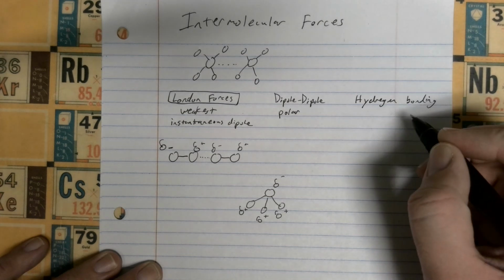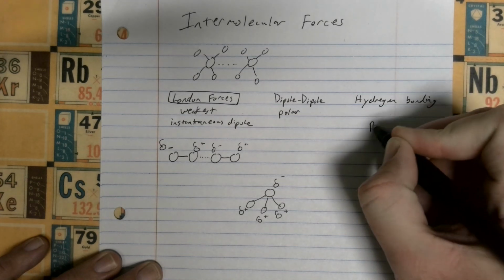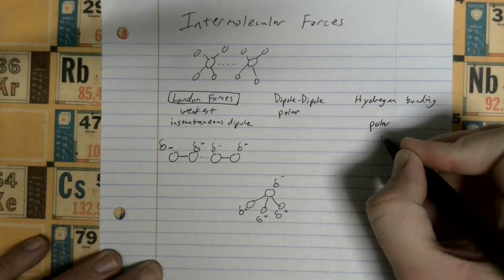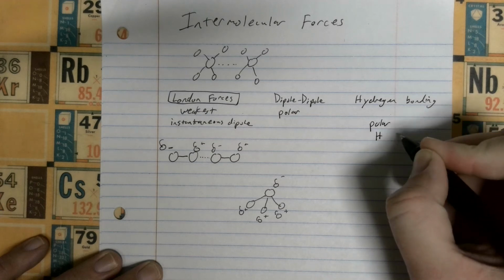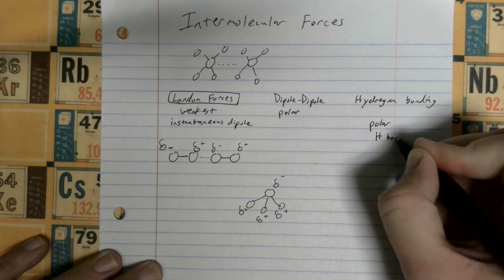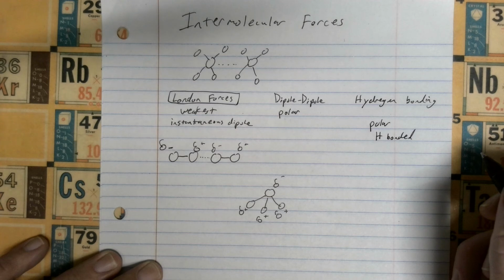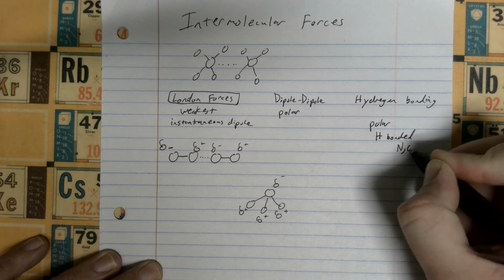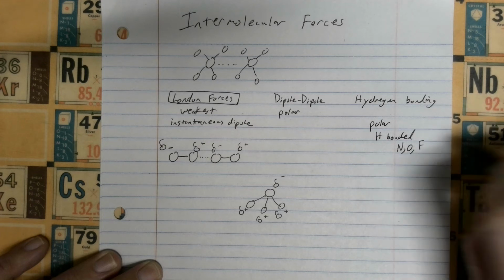So what you need is a polar molecule, and you have to have H, a hydrogen, bonded to a very highly electronegative element. Those highly electronegative elements are N, O, or F.